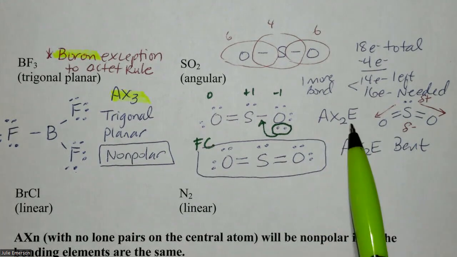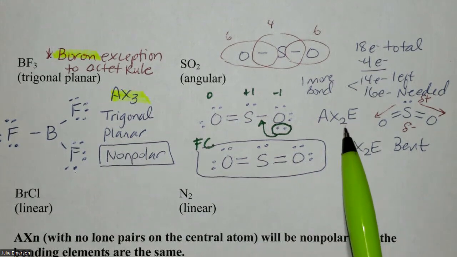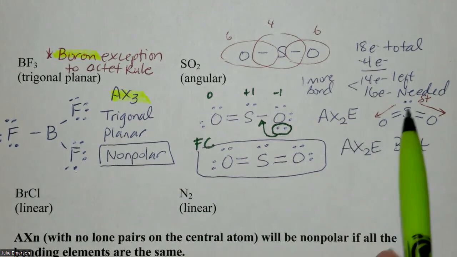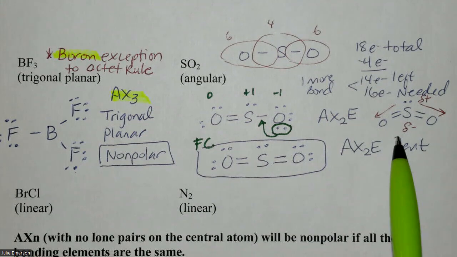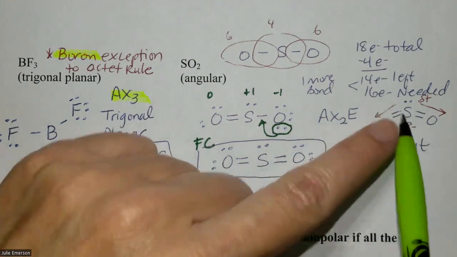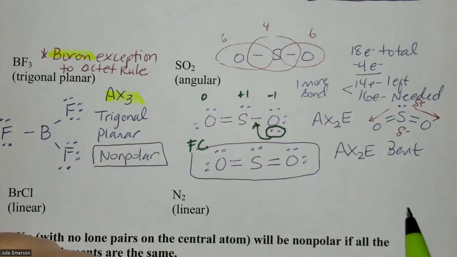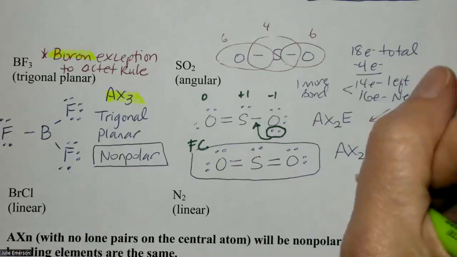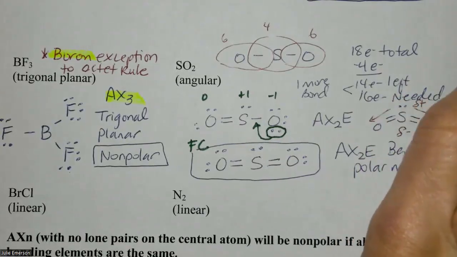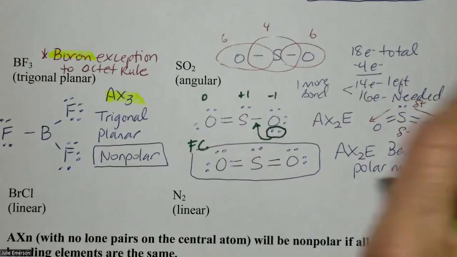And when you don't have symmetry, it's very hard for it to be nonpolar. So this right here shows how it's going to be polar. We're pulling down and away from sulfur, nothing pulling up away from sulfur. So this is going to be a polar molecule because of that lone pair.